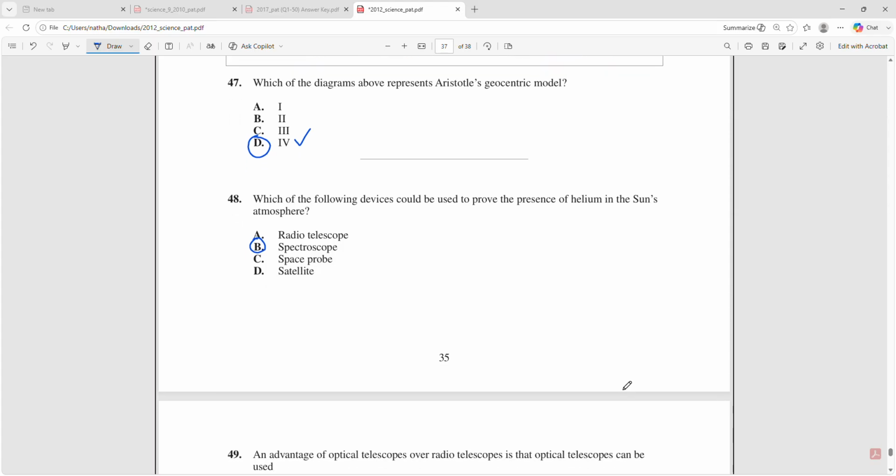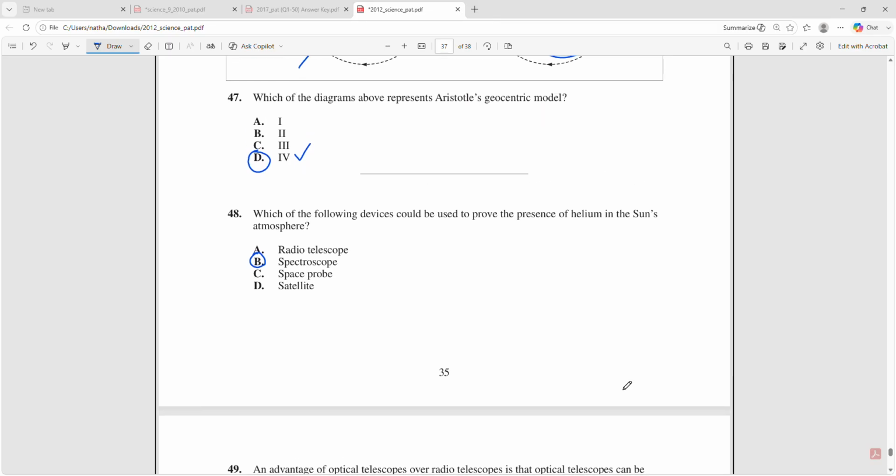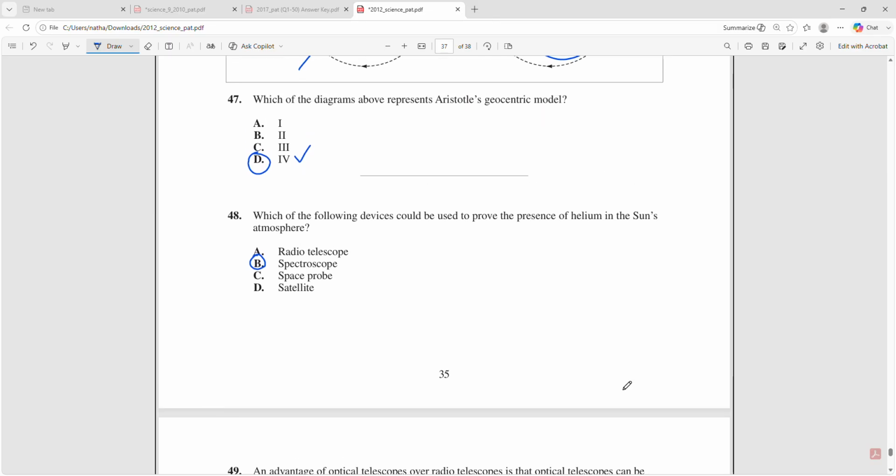48. Which of the following devices could be used to prove the presence of helium in the sun's atmosphere? So we talked about this in the last test. Remember that one?